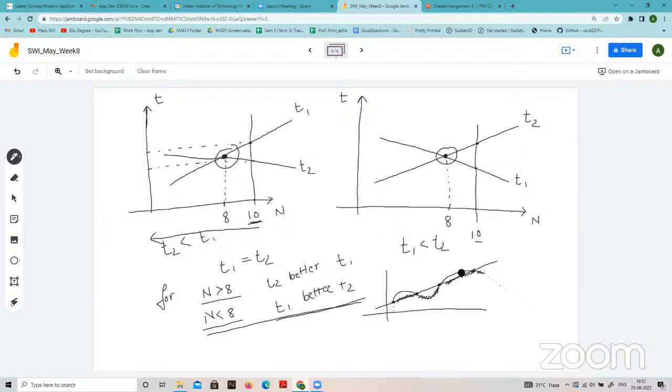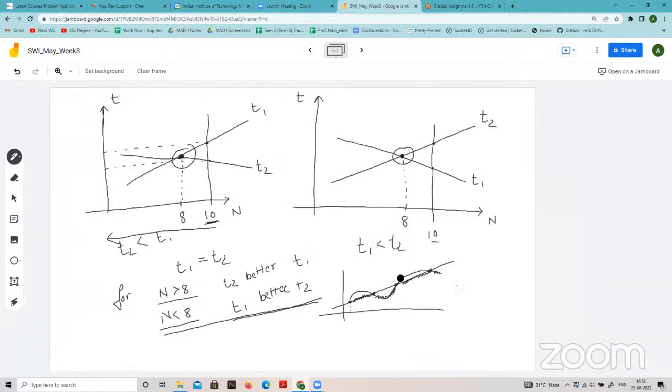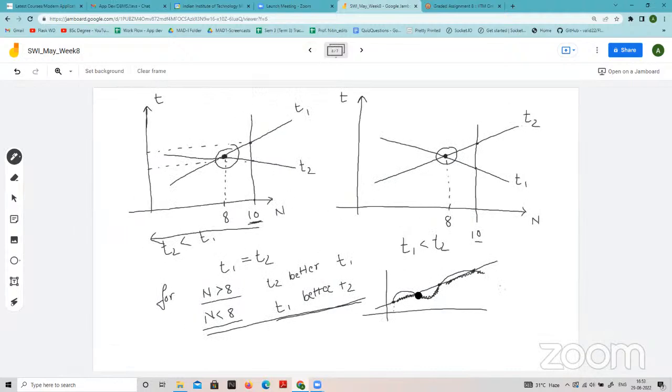Right. So I'll take a new slide. I will try to find out the roots of this equation. So how to find the roots of this equation? What is happening here? These are the points where both functions are intersecting. Intersecting meaning they give the same value. Both of them give the same value of time.